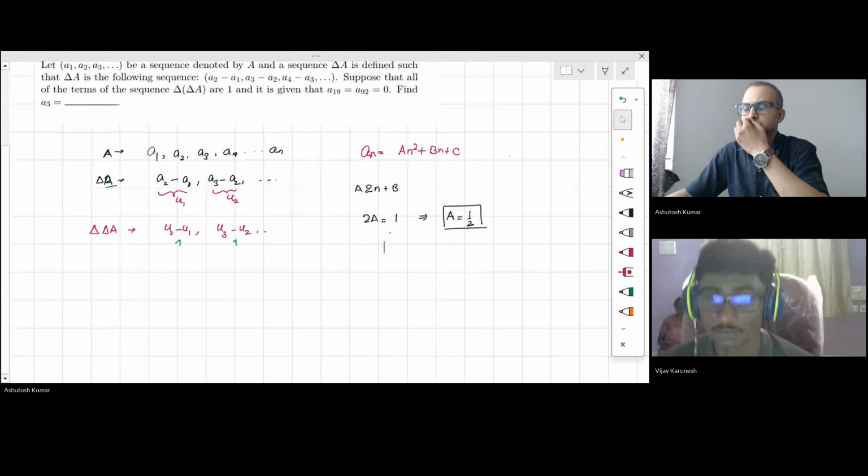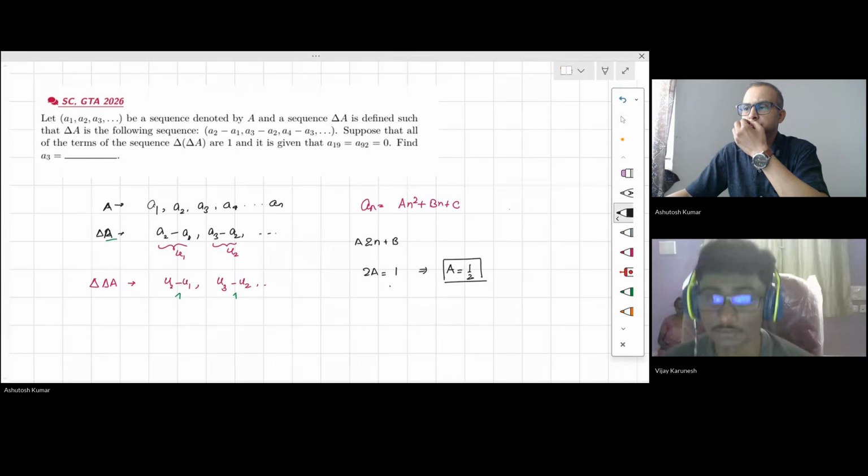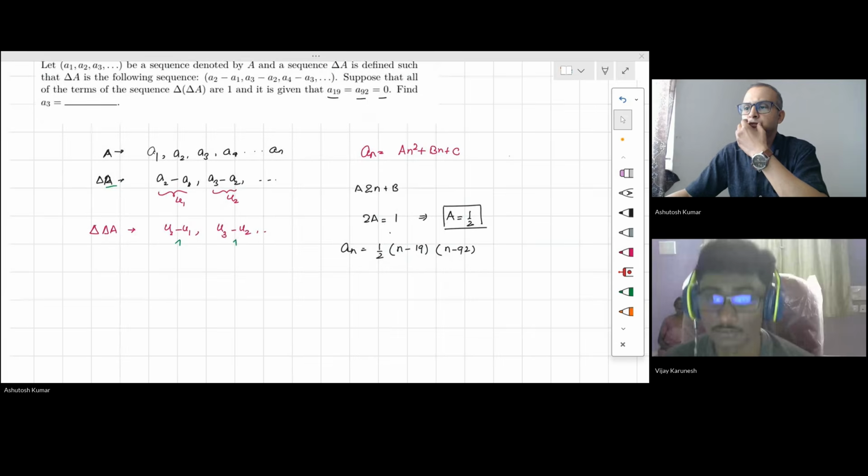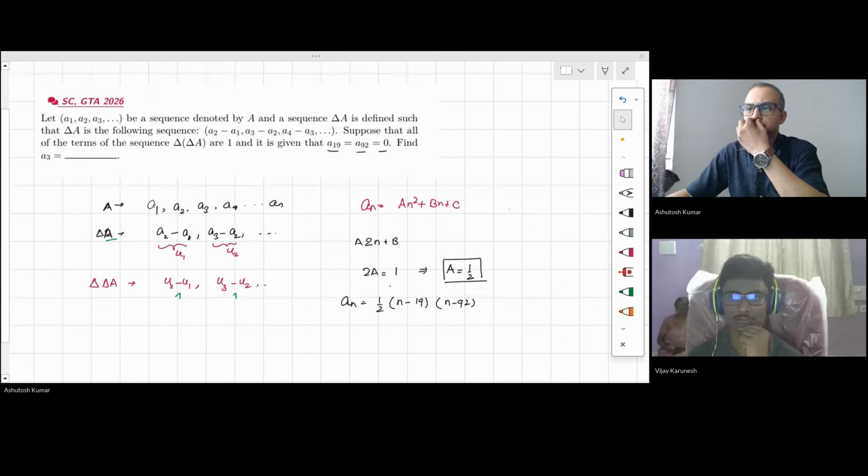Okay. Now, once you get a is equal to half, again you can apply one trick. The trick is that they are saying that A19 and A92 are 0. It means I can assume an as half times n minus 19 and n minus 92. You see? Because 19 and 92 are zeros, they are acting as the roots of this.